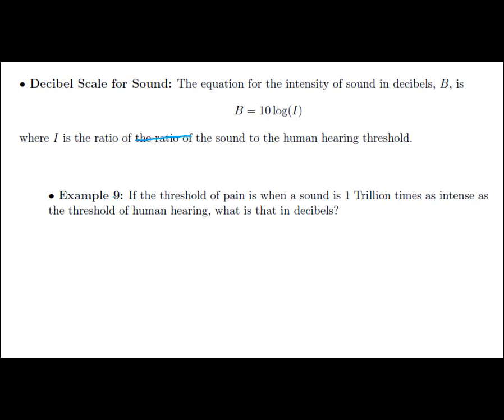So here's a little fact. If the threshold of pain, when you double over because it's so loud it hurts your eardrums, is 1 trillion times as intense as the threshold of human hearing, what is that in decibels? What should you avoid cranking your stereo up to? So B, the decibels, is 10 times the log of 1 trillion.